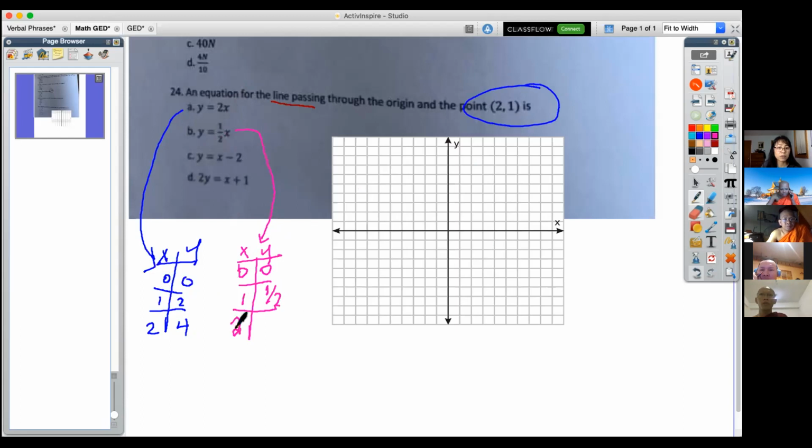What's a half of 2? 1. So, did you see it? An equation? Yes. So A, B, C, or D? B. B already.